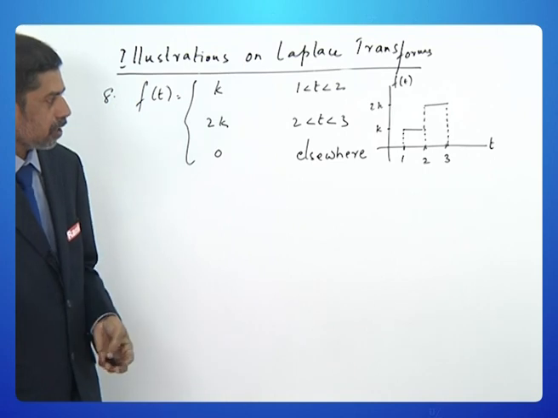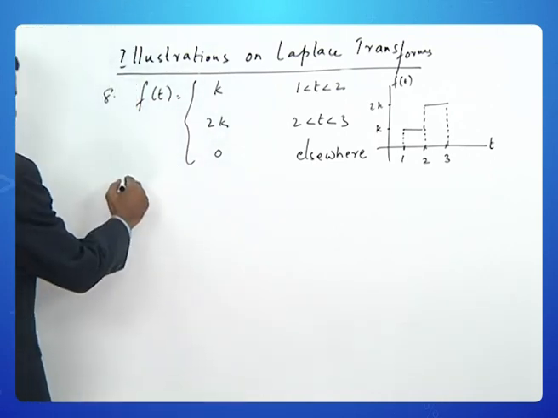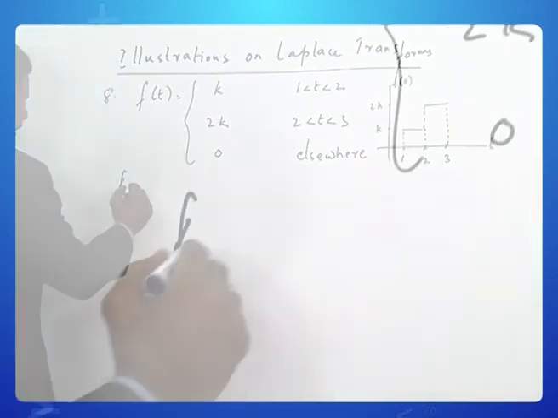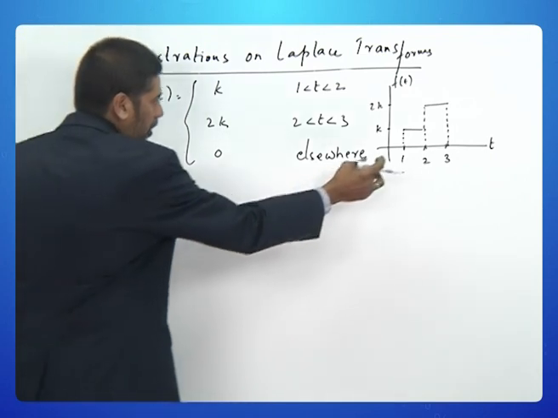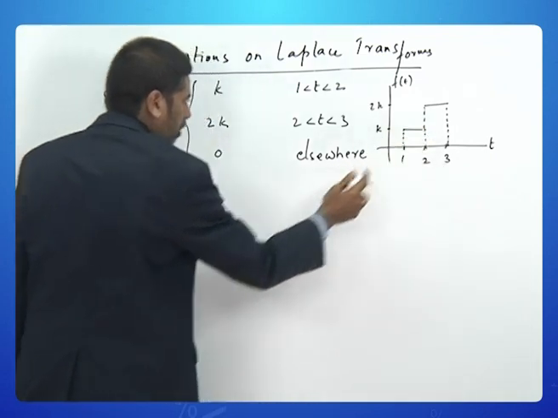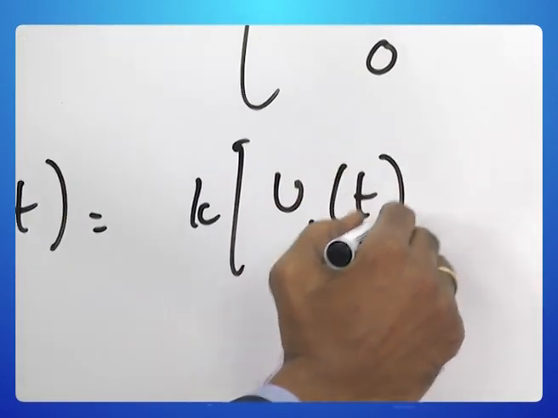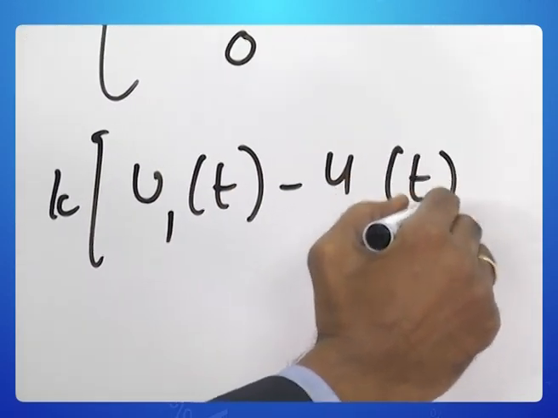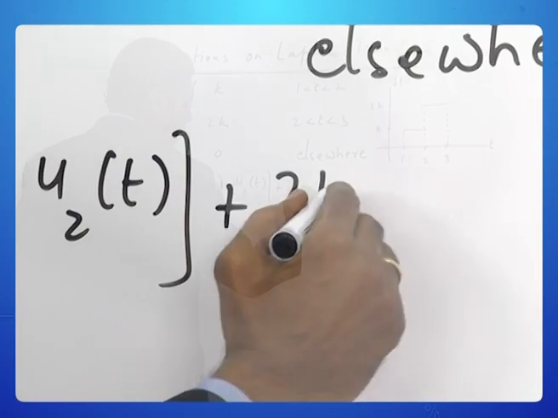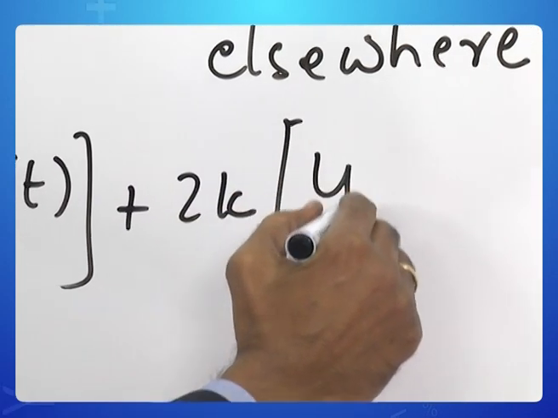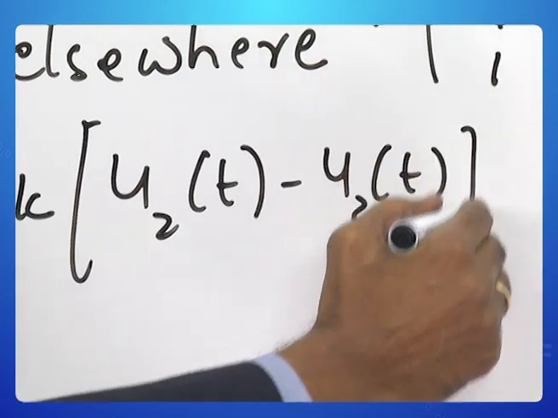Now for this, how do you get the transform quickly? So you can write f of t for this interval as k times (u1 of t minus u2 of t). Then for the next one, it is 2k times (u2 of t minus u3 of t).